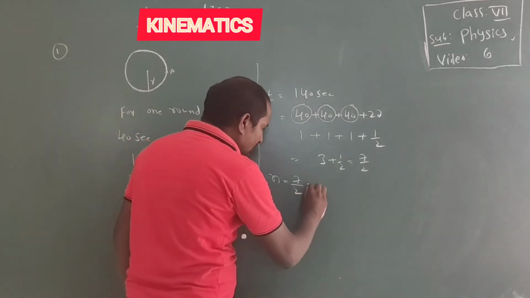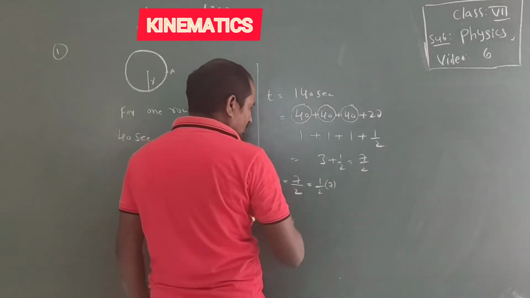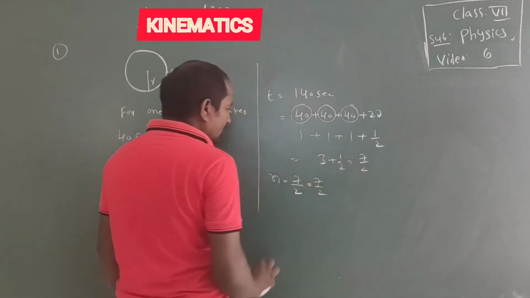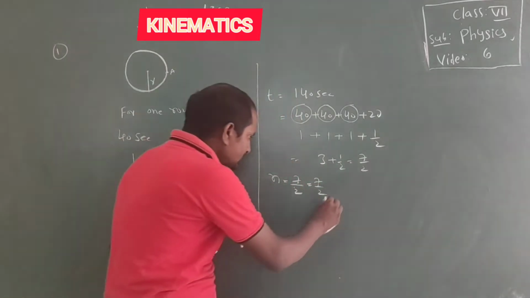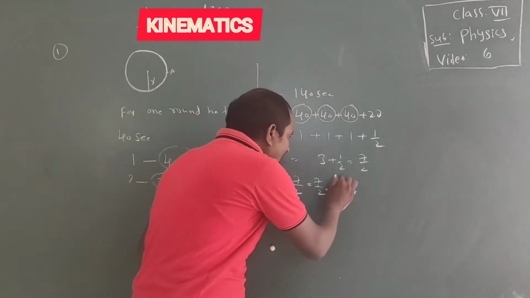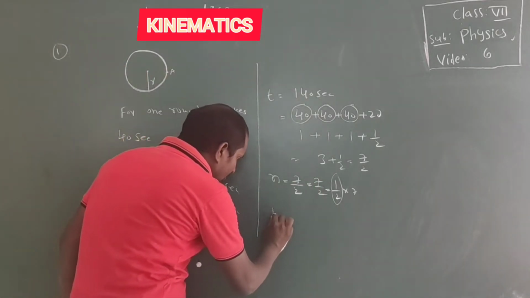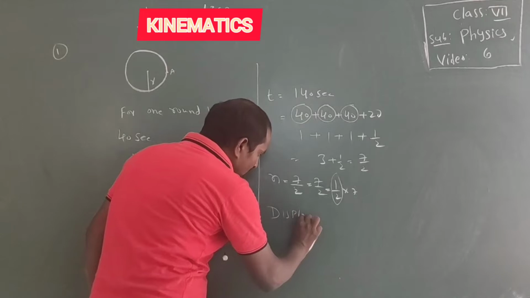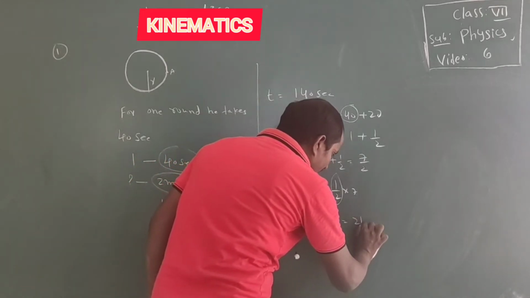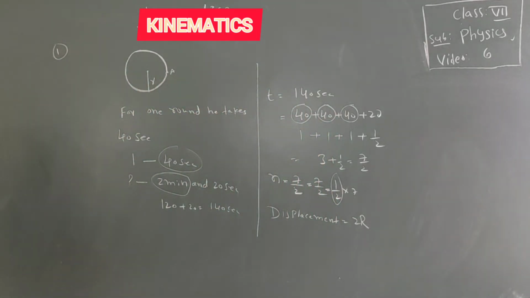We can write this as 1 by 2 into 7, which is 7 by 2. So for a half circle, we know that displacement equals 2 into r, 2 into radius.